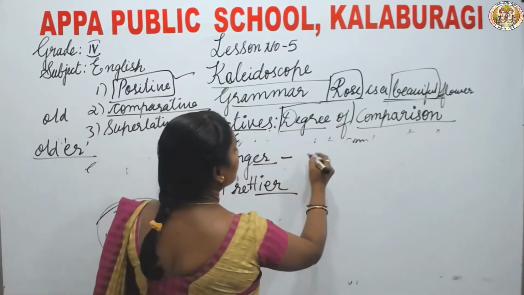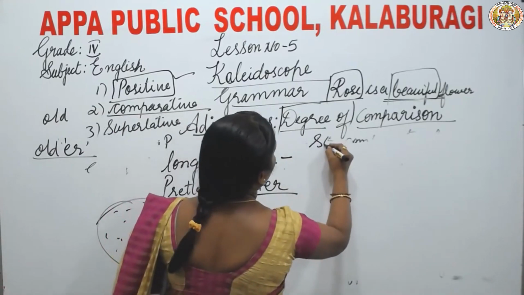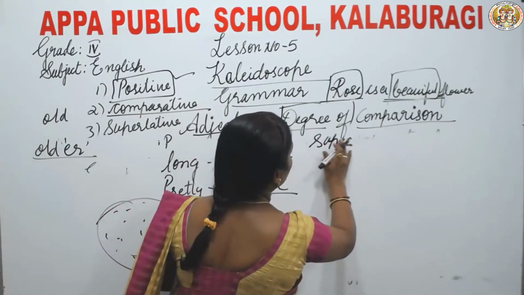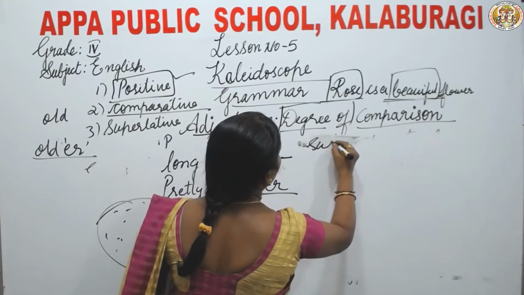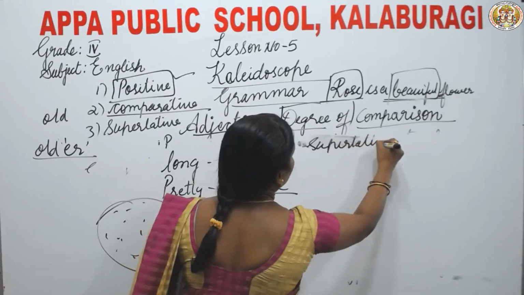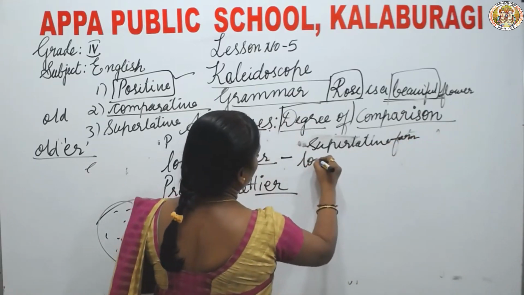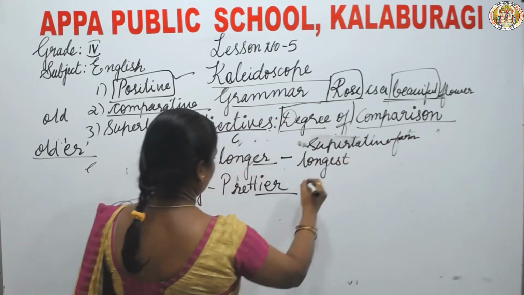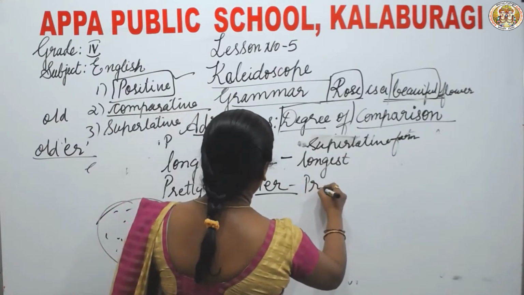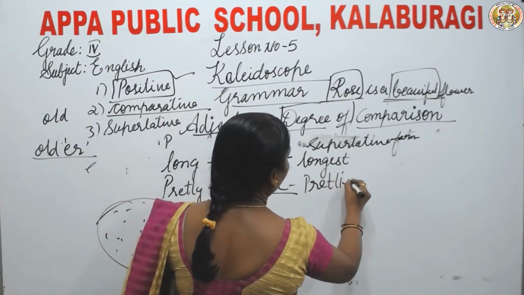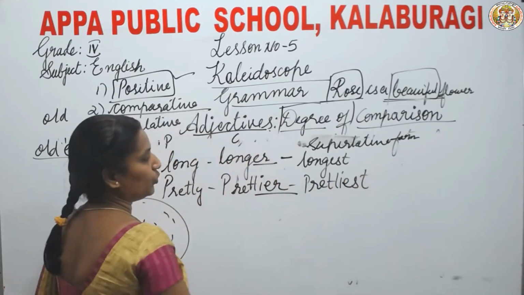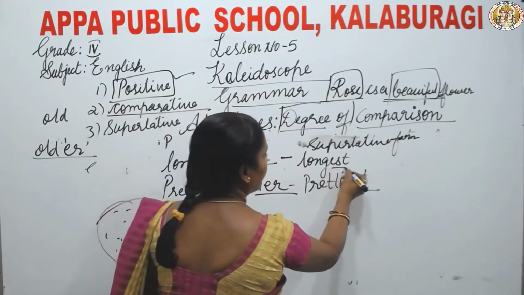Now again, the superlative form is longest, then prettiest. Est here, est.